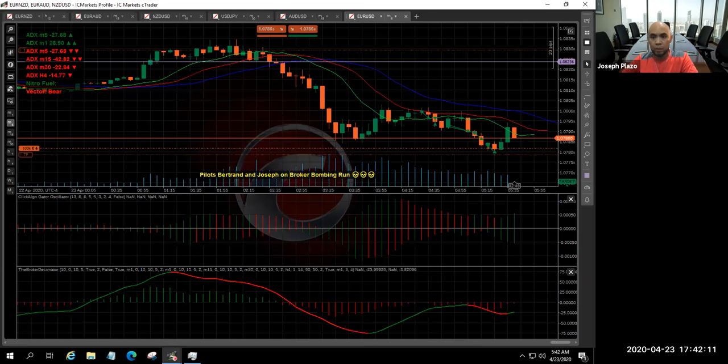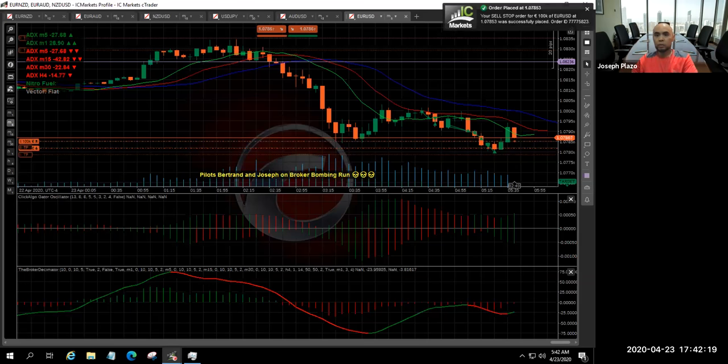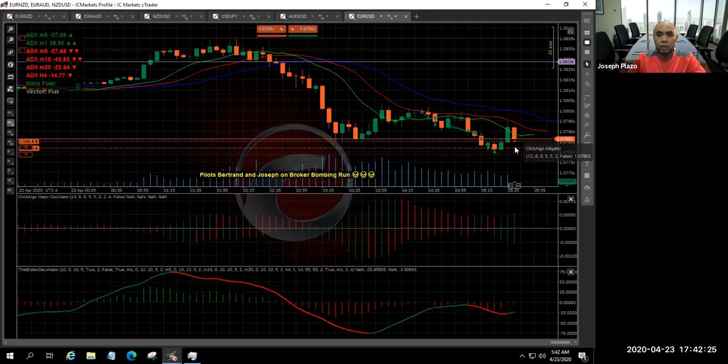So let me right click right now and open a sell stop at 1.075. So the sell stop had been opened. When this price line goes down further and hits that, the position at 100K lot, 100K volume will open, and this should TP rather quickly.